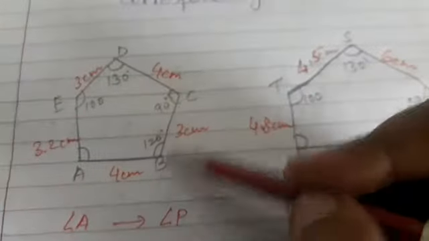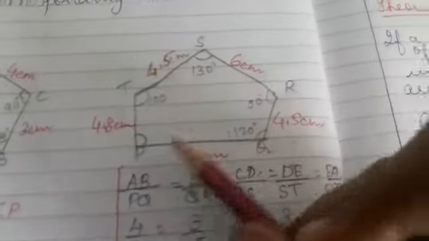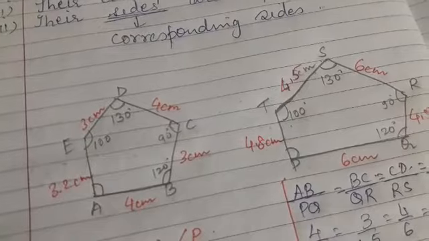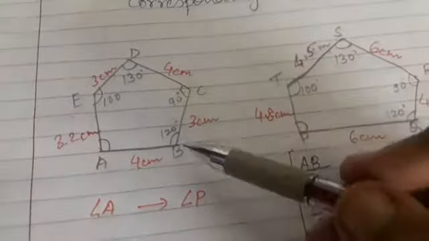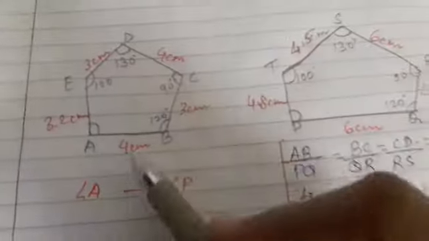We can understand this with these two diagrams, two pentagons, A, B, C, D, E, with the angles and sides given, and here P, Q, R, S, T. When we say these two pentagons are similar, it means their corresponding angles are equal. Now what corresponding angles?